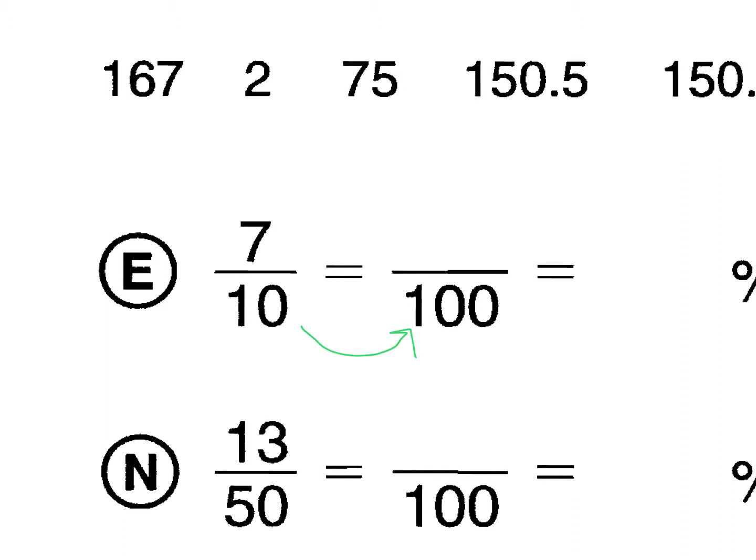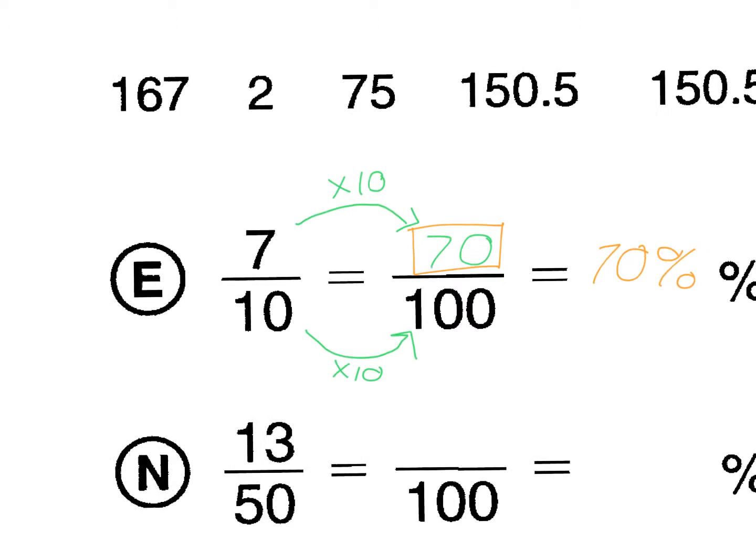I noticed that 10 times 10 is 100, which means I can do 7 times 10 to get 70, and I know that these are equivalent fractions. And since 70 is in the numerator over 100, I know that 7 over 10 is equivalent to 70%.